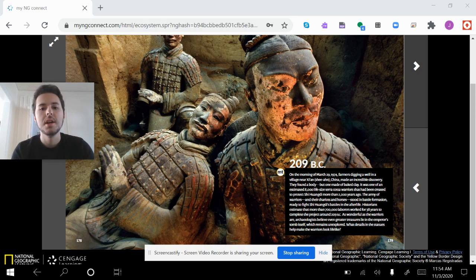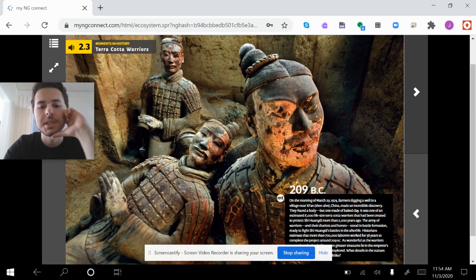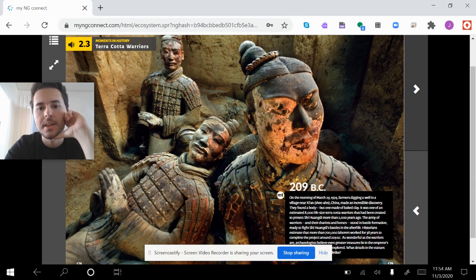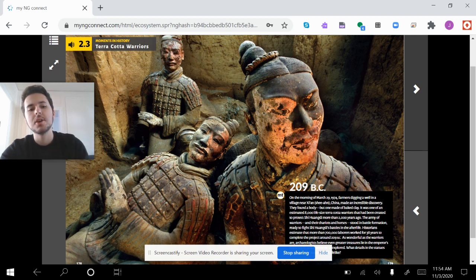Okay, so number one, these are just really impressive statues. You see how lifelike they are, but they're really symbols of the emperor's power, right? He had around 700,000 people building these statues to protect his tomb in the afterlife.